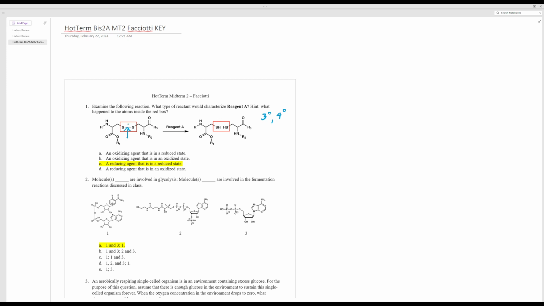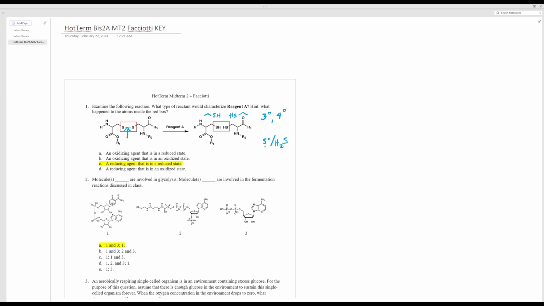And we see us going from a sulfur-sulfur bond to sulfur-hydrogen bonds. So we've added in two covalent bonds that involve a hydrogen. This is similar to our redox tower, where you may see something that's written like that.